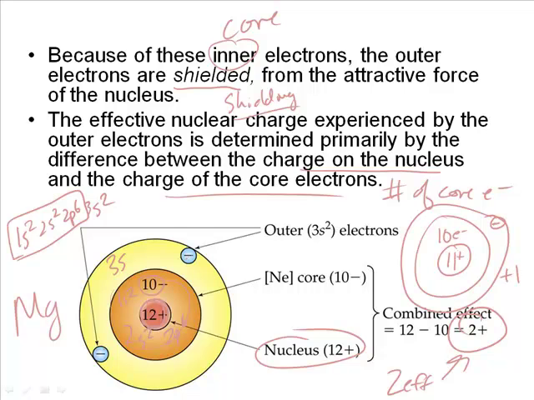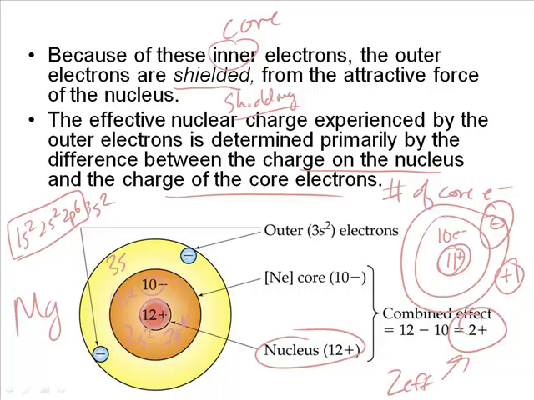Because again, 11 protons, 10 shielding or core electrons leaves you with an overall charge of plus 1. So that means that this electron out here experiences an attraction of plus 1, whereas the electrons in magnesium experience a charge of plus 2.